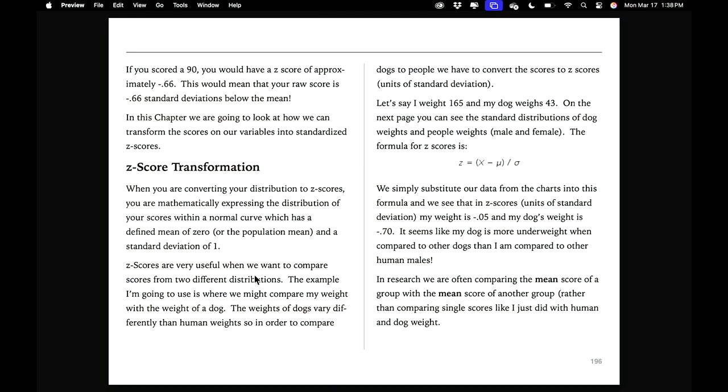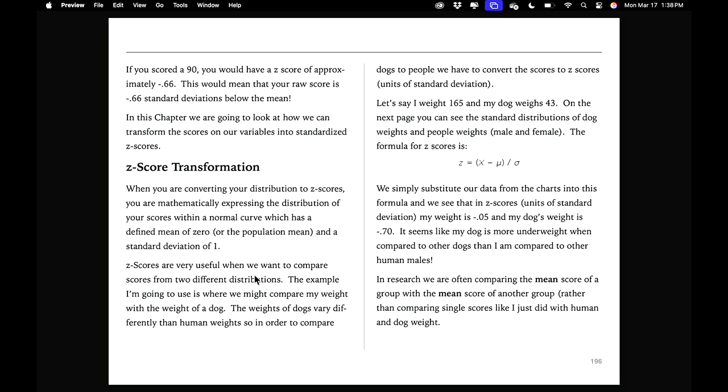So let's look. There's a formula, and I've included it in the course book here. The z-score is equal to the score you're looking at, that's the x, minus the mean of the population, the standardized test, divided by the standard deviation of that.